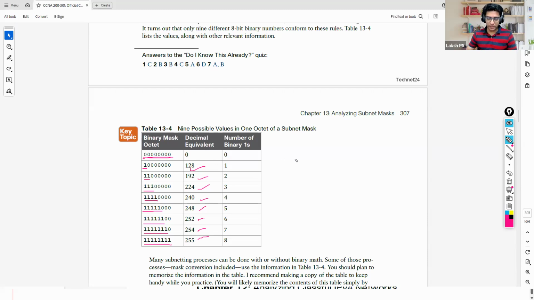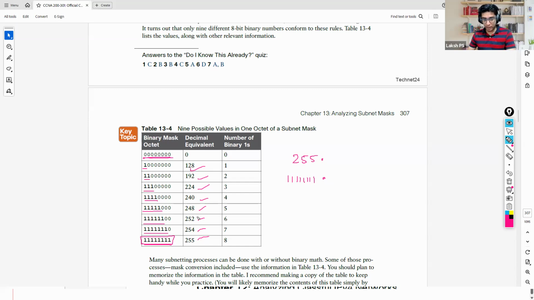So if I write 255, that means this is all ones. Then I need to choose a number that should start with 1. So it can be 128, 192, 224.